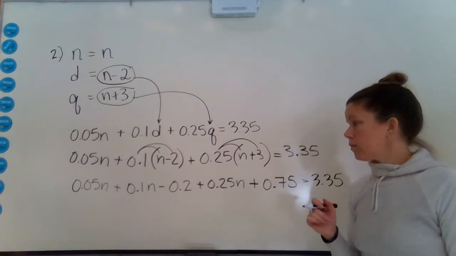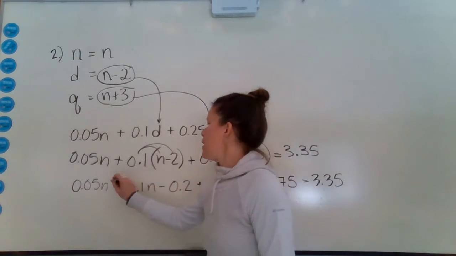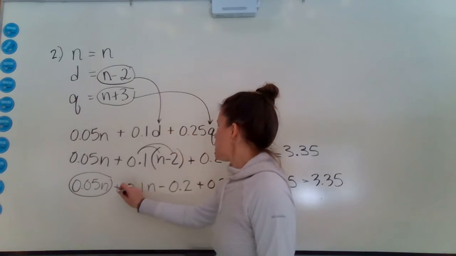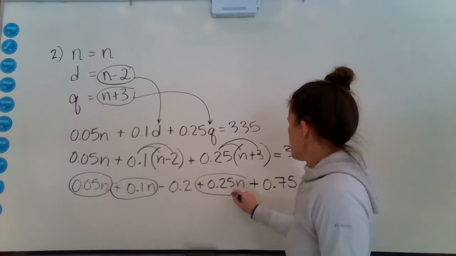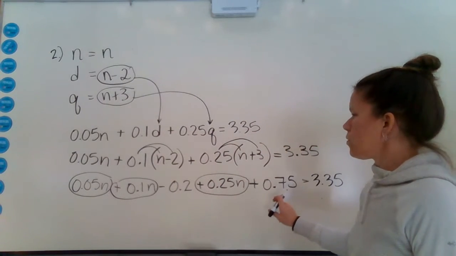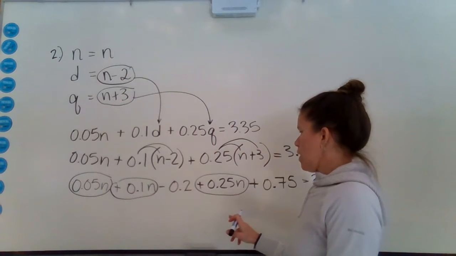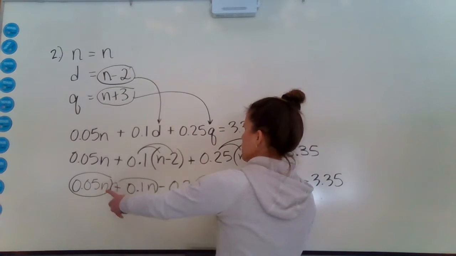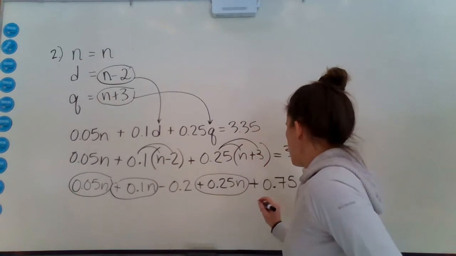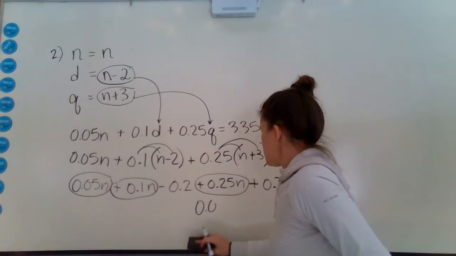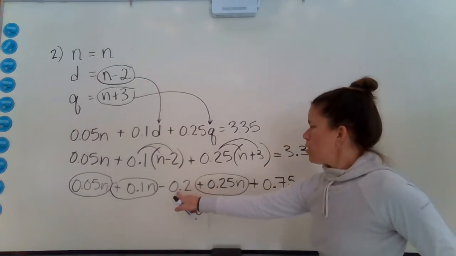Now we've got a lot to put together. No big deal. You know how to do this with plain numbers, so let's do it with decimals. I'm going to find all the n's and put them together, keeping their signs with their numbers. I have 0.05n plus 0.1n plus 0.25n. 0.25 plus 0.05 is 0.3, plus 0.1 is 0.4n.